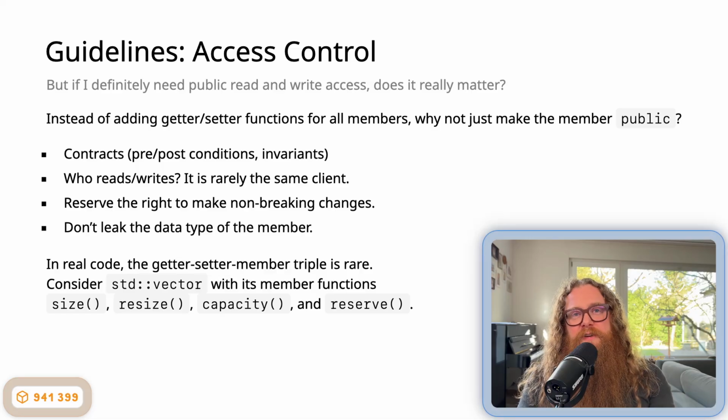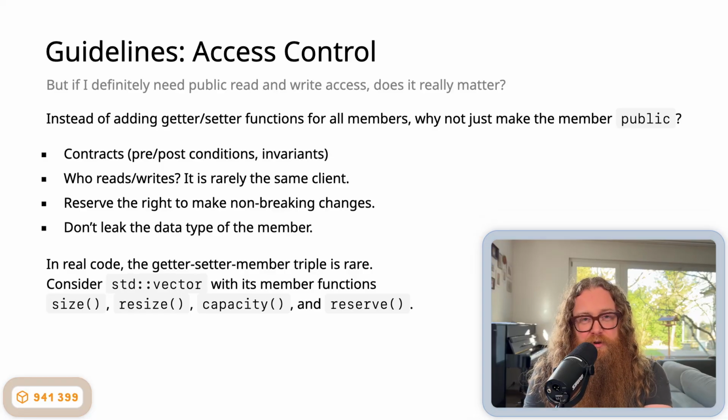You still leak the information that it's a container that stores the elements contiguously, but there are other ways, right? So with an any view, you can actually decide how much information you want to leak, but a span is also already much better than a vector directly.